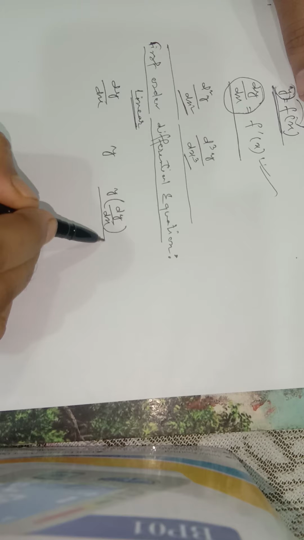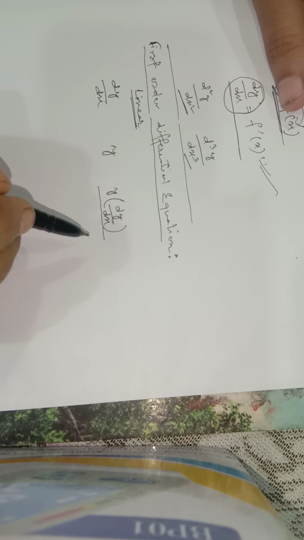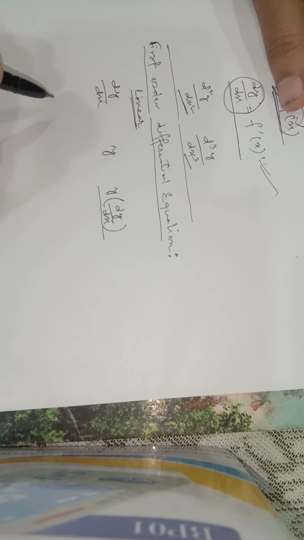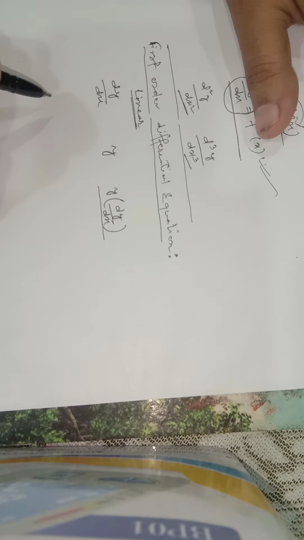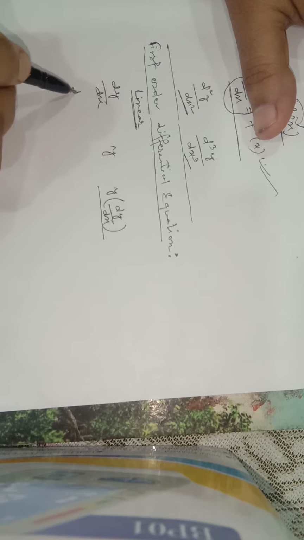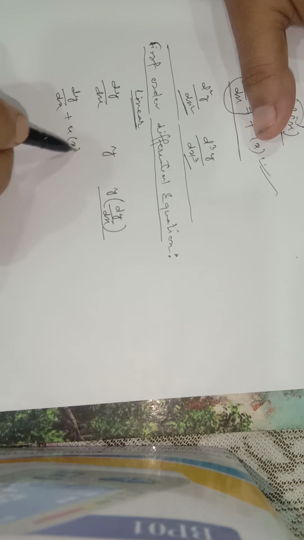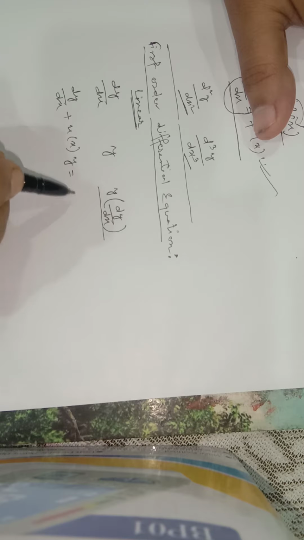Then the equation will be called a first order linear differential equation. In first order linear differential equations, the general form is dy by dx plus a function u of x into y is equal to another function v of x.